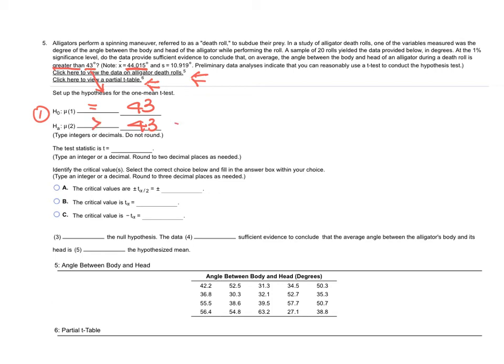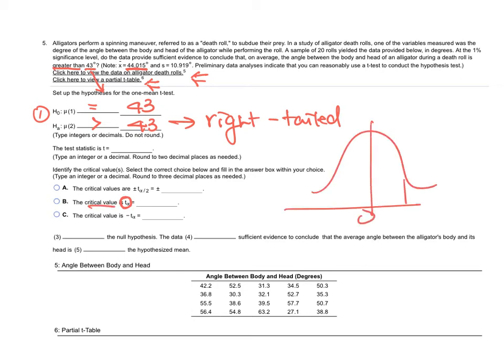So I can expect that is a right tail, then I can expect there's a positive critical value from the right tail. And we just put all alpha in the right tail.